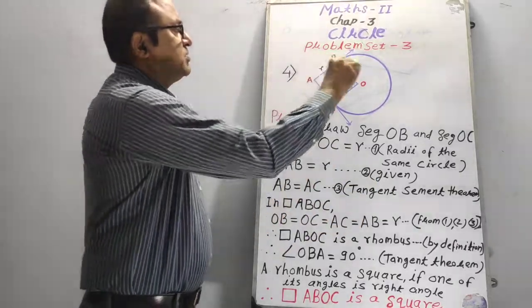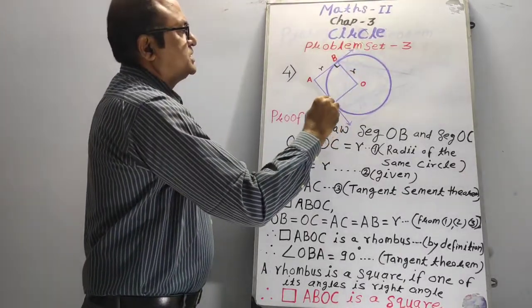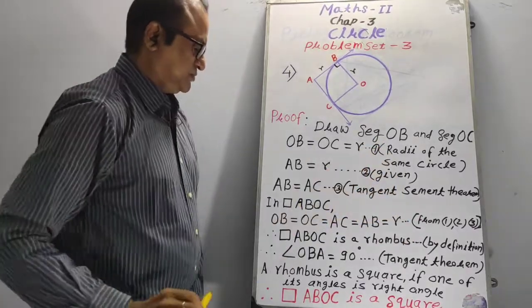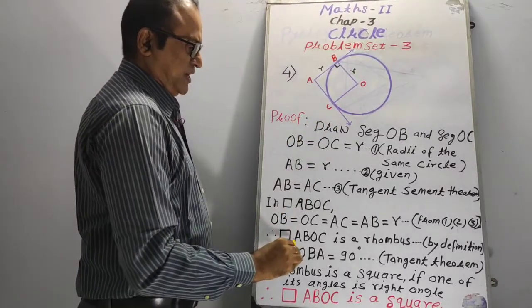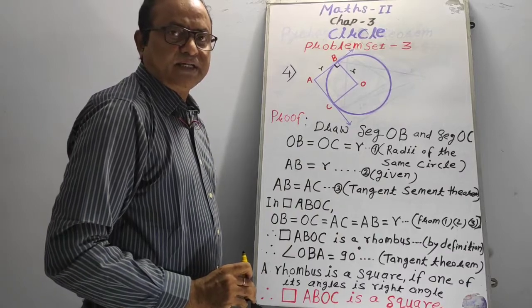Therefore, in quadrilateral ABOC, AB is equal to OB is equal to OC is equal to AC is equal to R, from 1 to 3. Therefore, quadrilateral ABOC is a rhombus by definition.